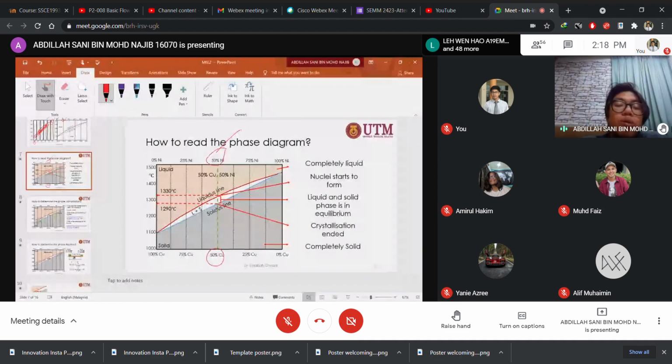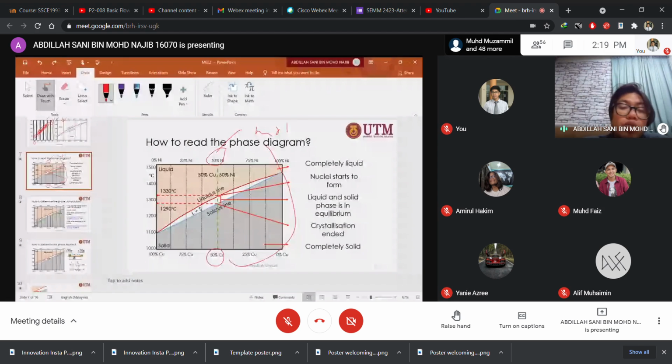You use the same mole of copper and the same mole of nickel, put them together and heat it up, so they will form a liquid corresponding to this line.